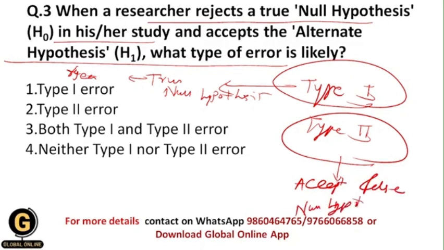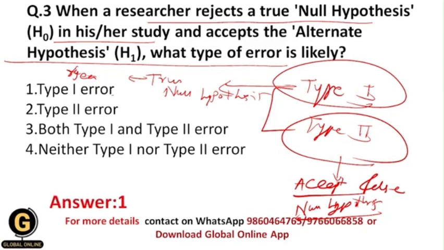These two concepts are really important to all of you, because every year you will be getting questions on them in the PhD entrance test. In this question your correct answer should be 1, that is type 1 error, because here we are rejecting the true null hypothesis, and in that situation type 1 error occurs.